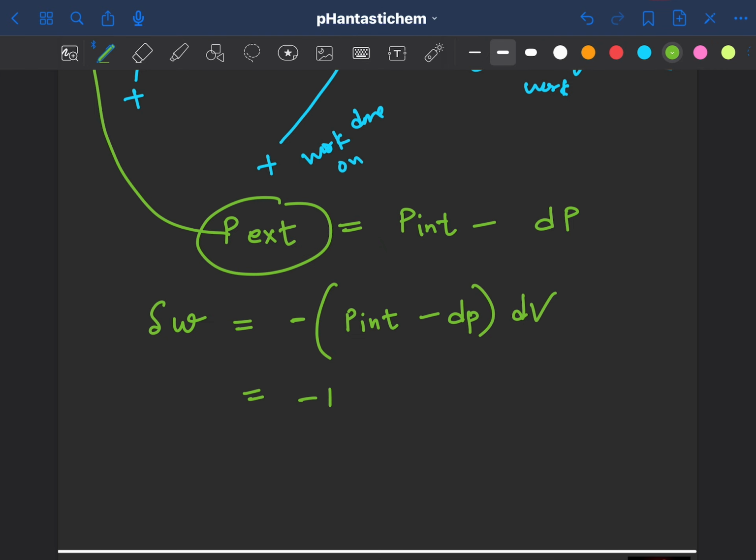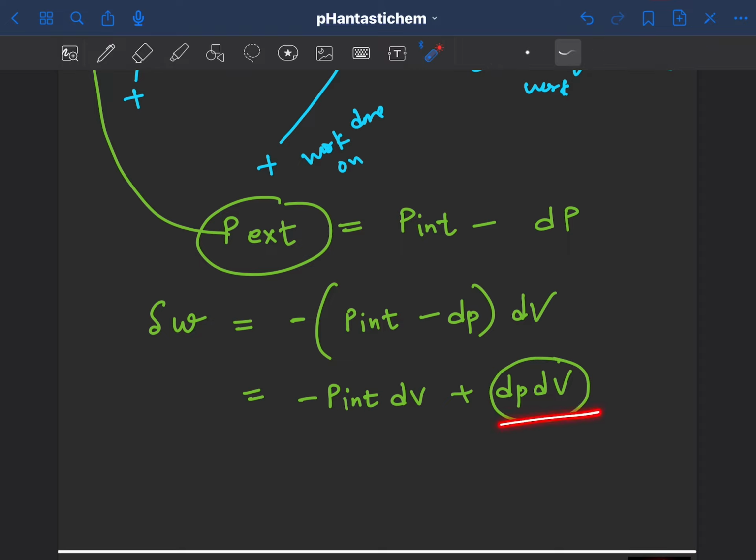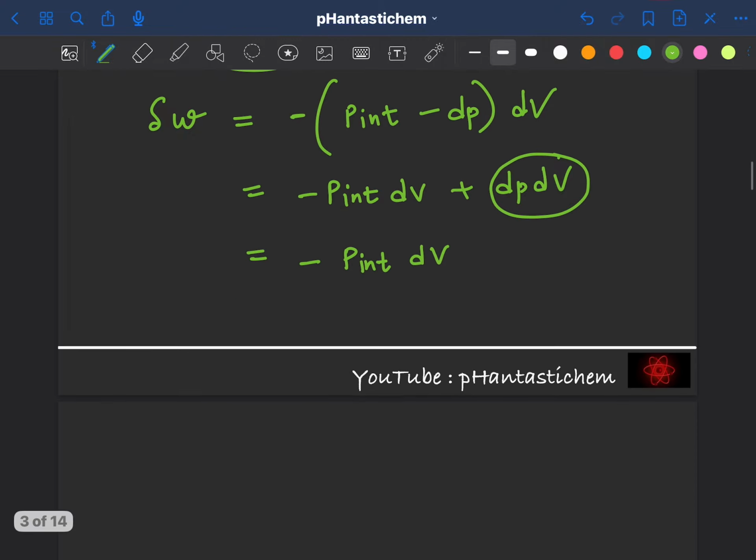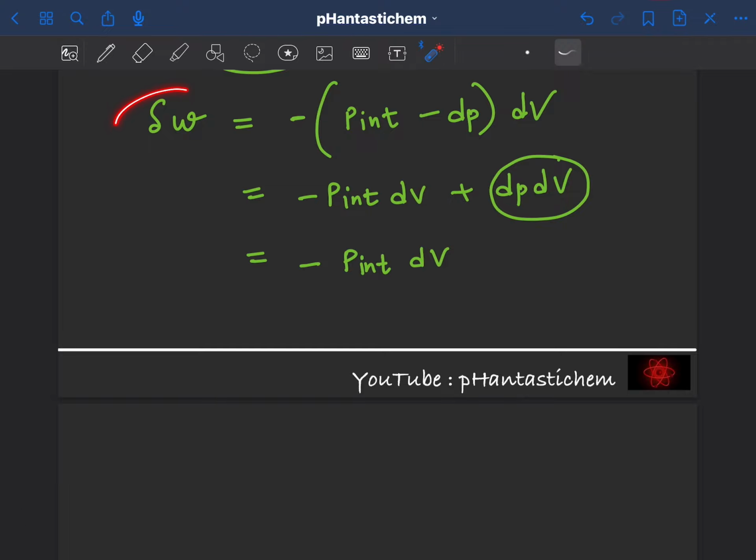So this is equal to minus P internal into dV plus dP dV. Now these are very small quantities multiplied with each other, so this can be neglected. Or we can say that the small amount of work done is equal to minus P internal into dV. So this is the small amount of work done when the volume change is small, that is dV, right?